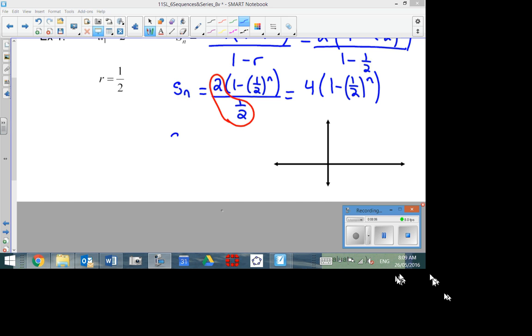Last but not least, I can expand: 4 minus 4 multiplied by 1/2 to the nth power. Even if I don't know all the details, I know that 4 times 1/2 to the nth power is an exponential, and I'm subtracting it off of 4, which is now where my new horizontal asymptote is.